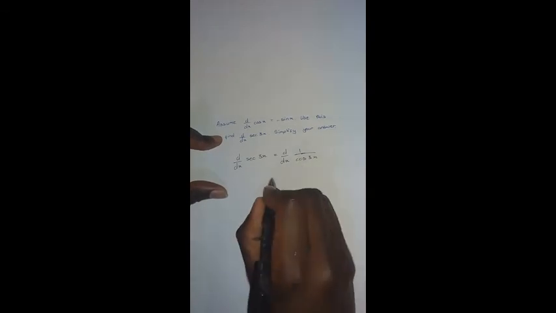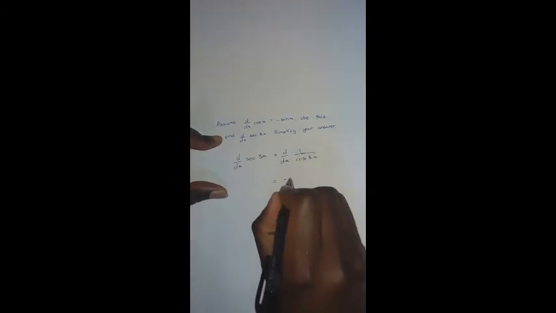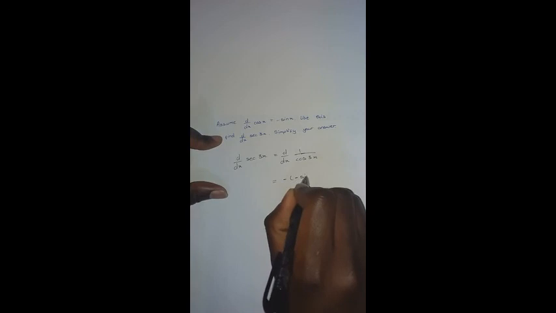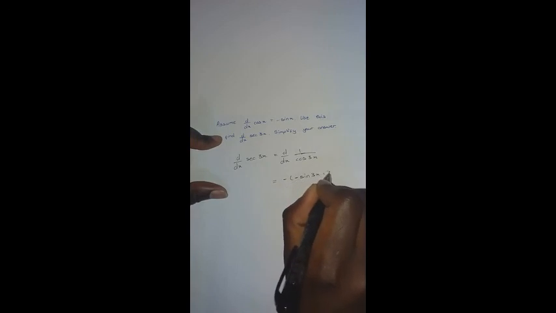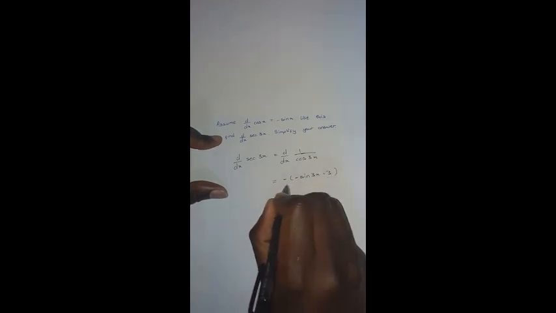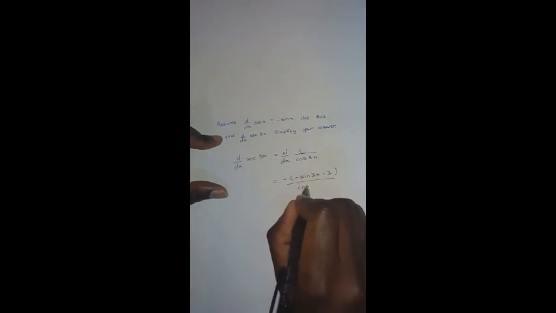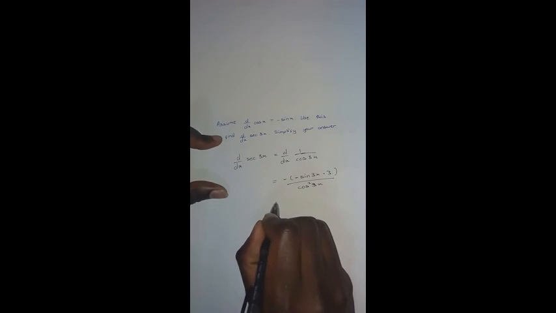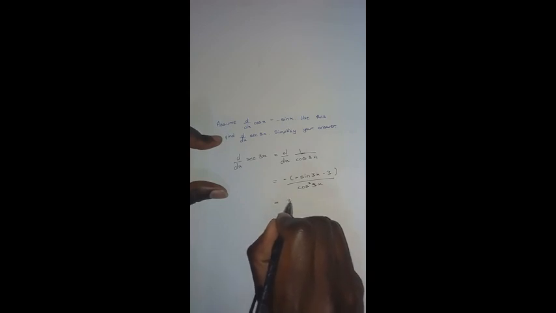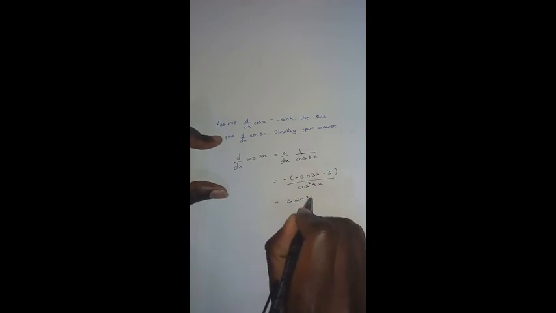Hence, using the quotient rule, you find out that you get negative sine 3x times 3 over cos squared 3x, which is just equal to 3 sine 3x over cos squared 3x.